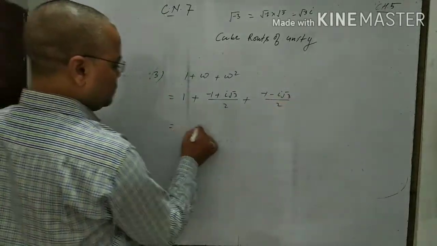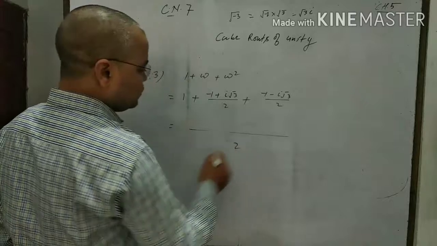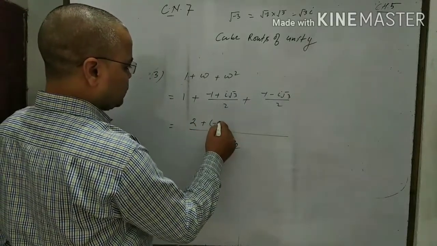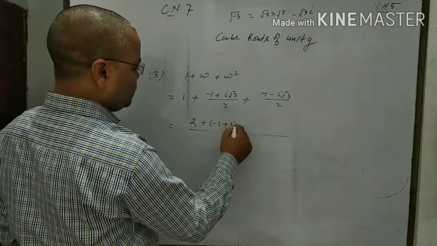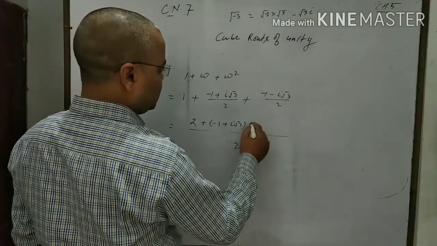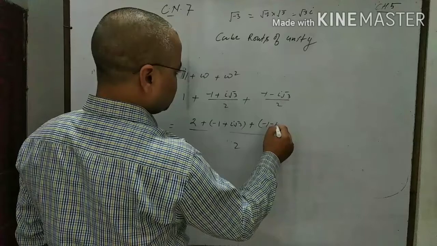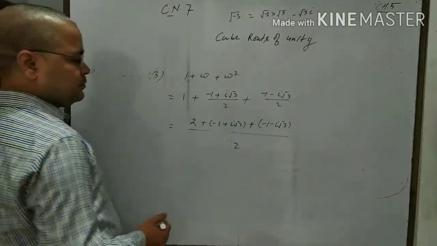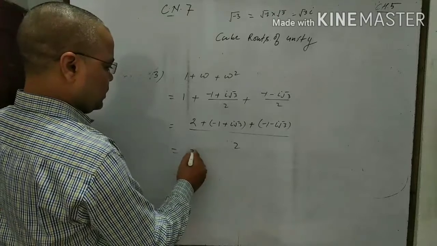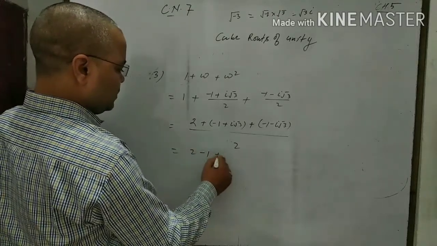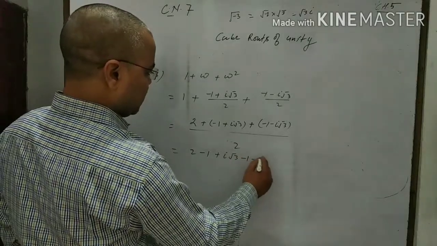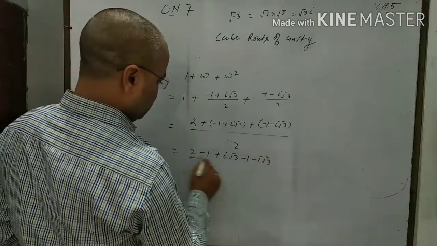Now take the LCM, that will be 2. It will be 2 plus (-1 plus i root 3) plus (-1 minus i root 3). So it will be 2 minus 1 plus i root 3 minus 1 minus i root 3 by 2.